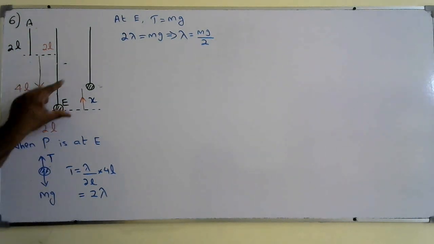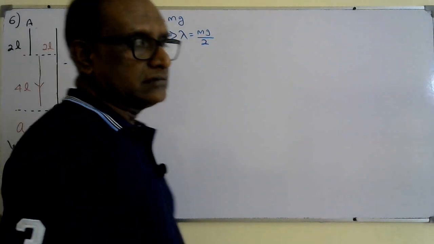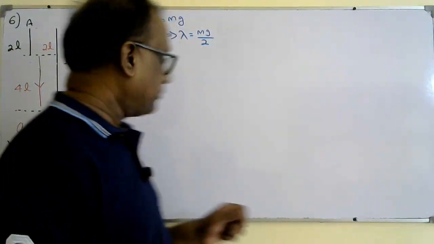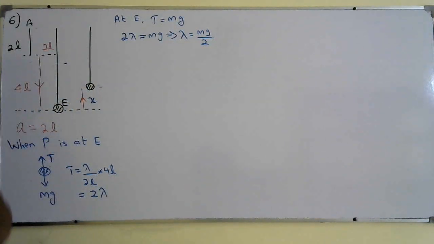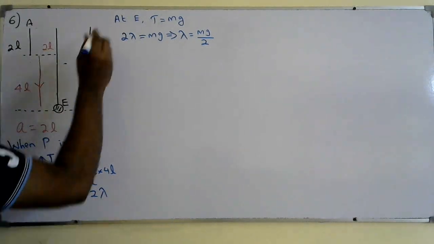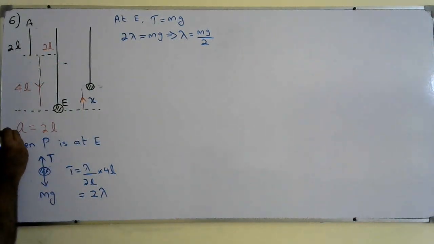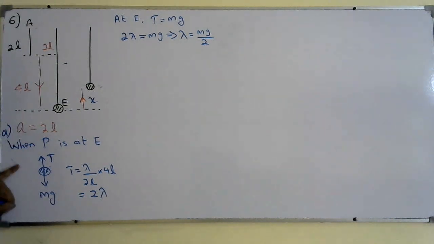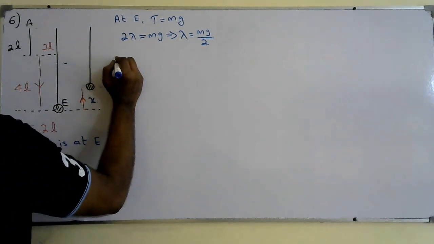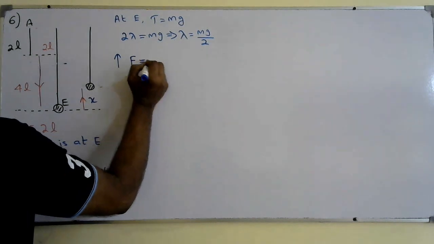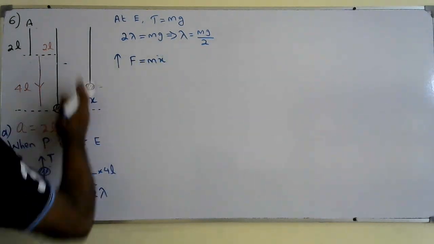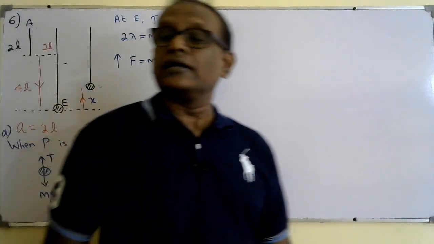So during the oscillation, I want to get an expression for the simple harmonic motion. I'm doing the A part of question number 6. We'll use F equals m x double dot along the direction of displacement.